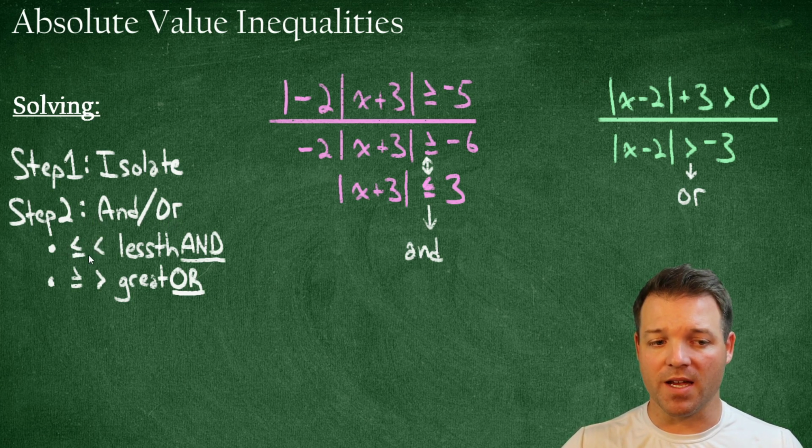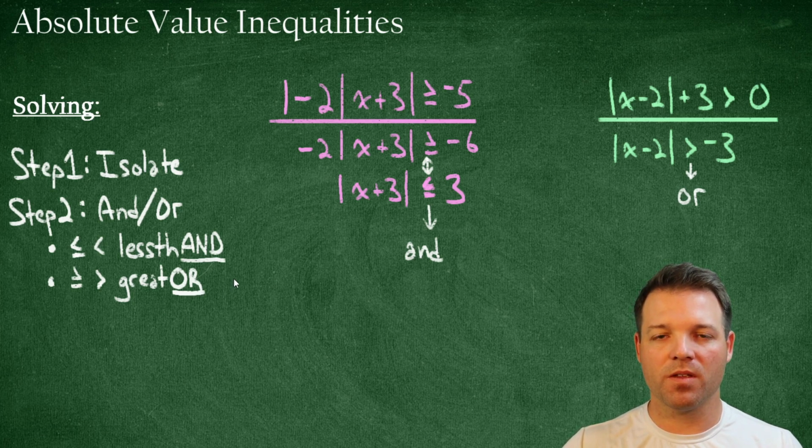If the inequality sign is a less than or equal to or less than, then it is less than, right? Less than or equal to, less than. And so that way it is an and. And if it is a greater than or equal to sign or a greater than sign, then it is great-or. Great-or. So it is an or.